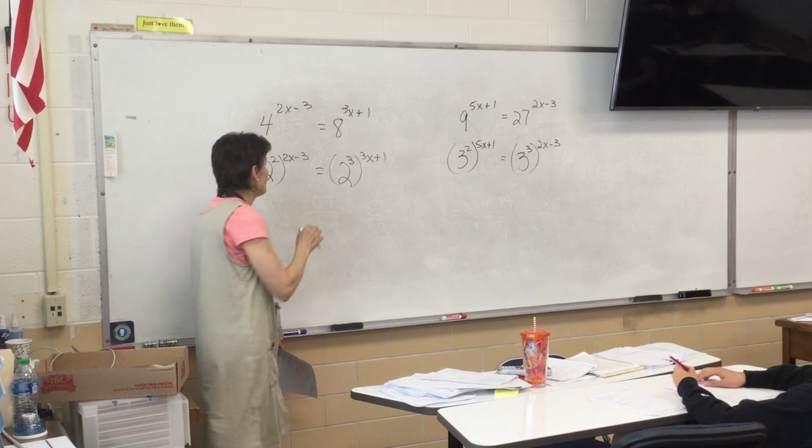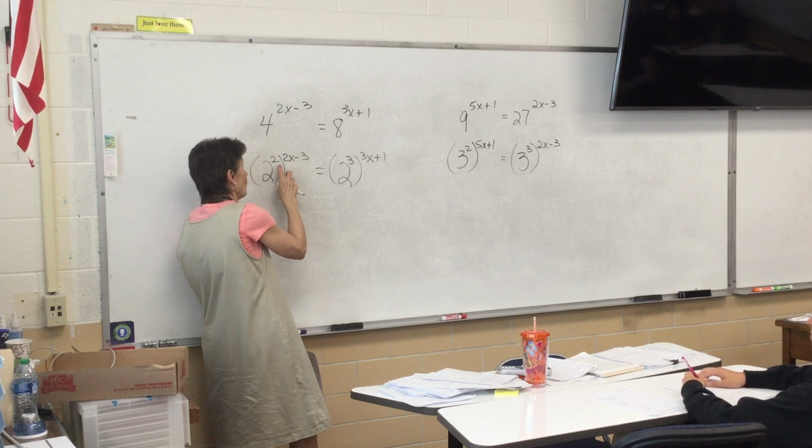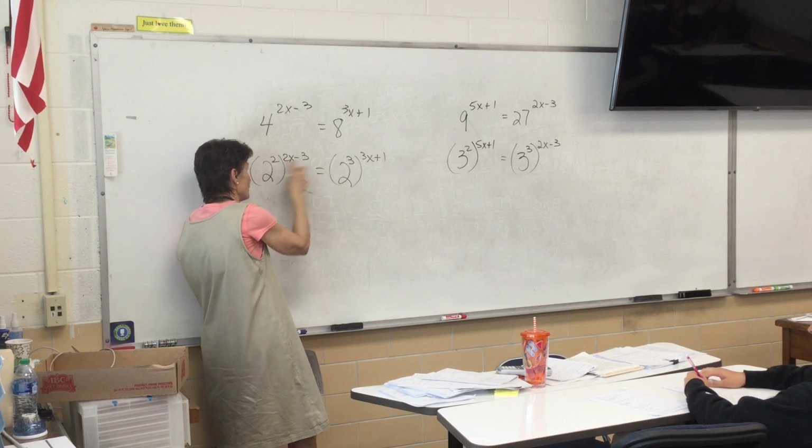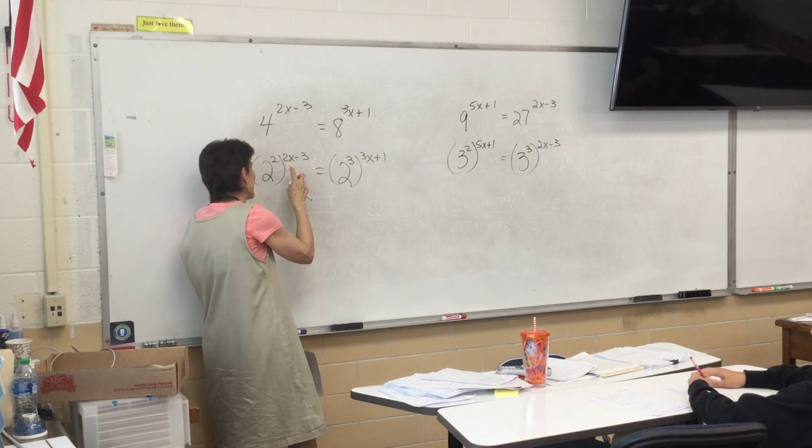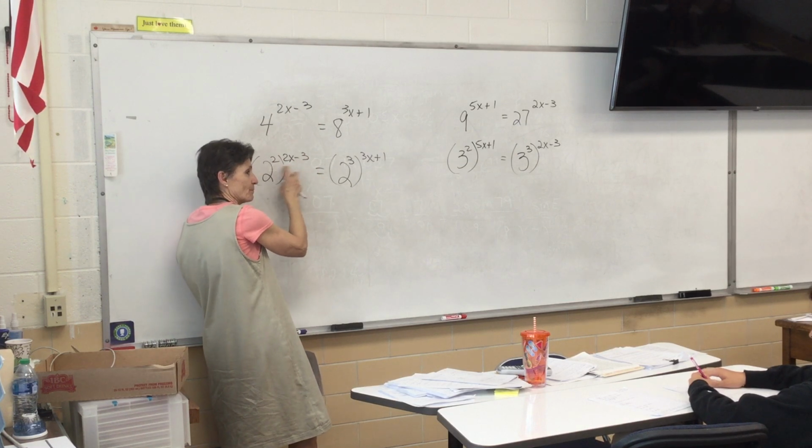Yesterday we did a problem, or whatever day we were last together, where we had an exponent to another exponent. What do we do when we have an exponent to another exponent? They do not cancel.